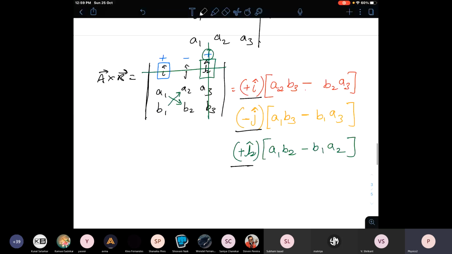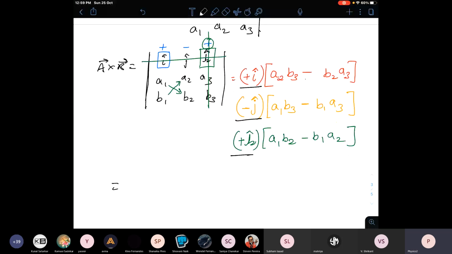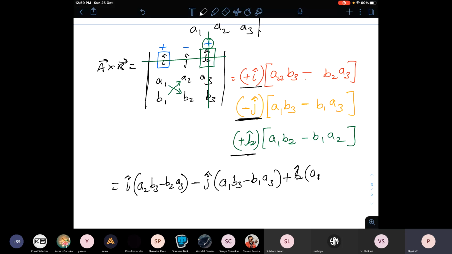The final answer will be: I cap (A2 B3 minus B2 A3) minus J cap, because the minus sign is there, (A1 B3 minus B1 A3), plus K cap, because the plus sign is there, (A1 B2 minus B1 A2). This is the final result which I will have.